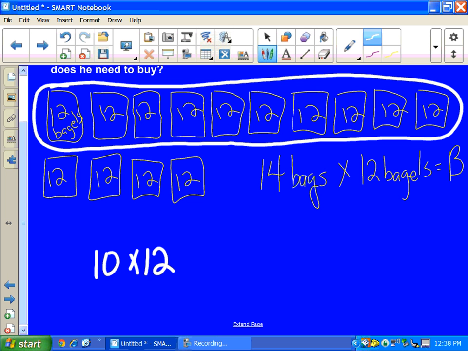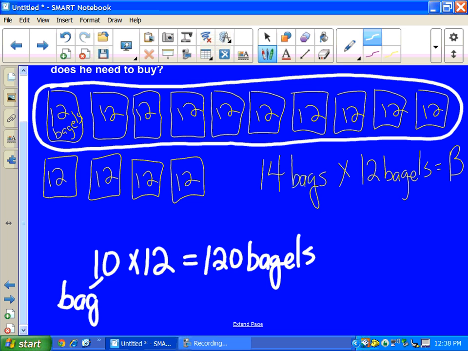So I know in those 10 bags, we have 120 bagels. Again, it's very important to know what these numbers represent. The 10 in this case is the number of bags, and of course 12 is still our number of bagels in each bag.